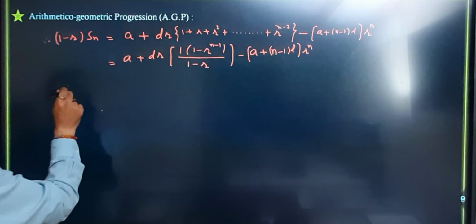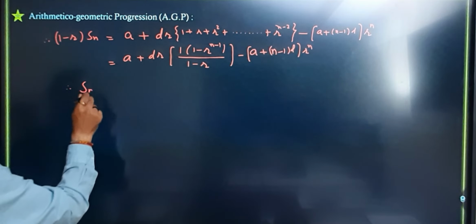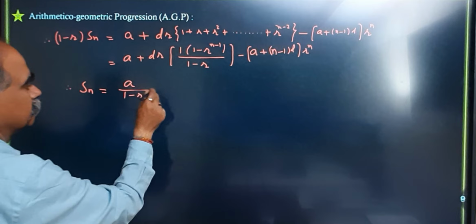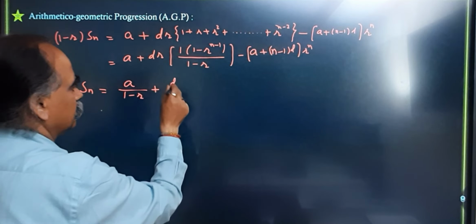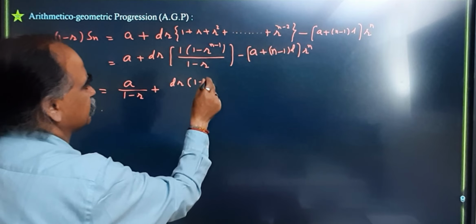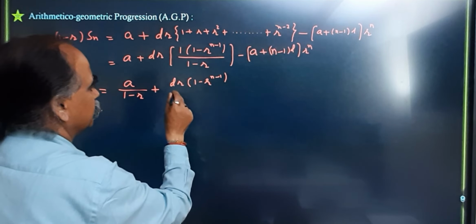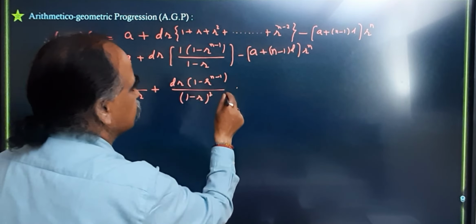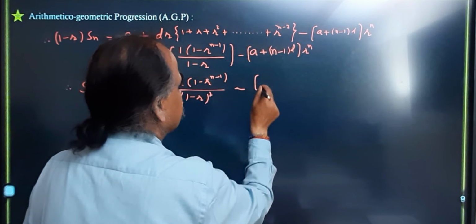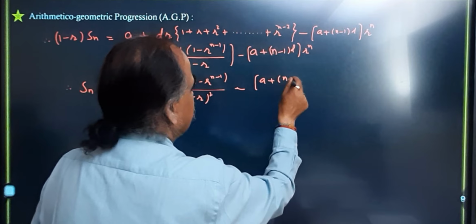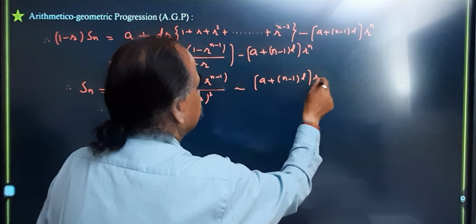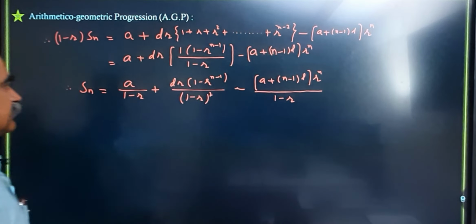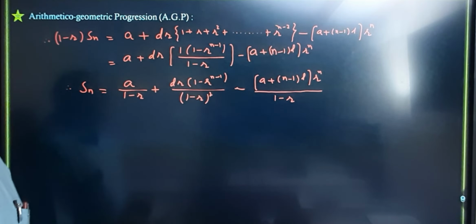So Sn will be A upon 1 minus R, plus DR into 1 minus R raised to n minus 1 divided by 1 minus R square, minus A plus n minus 1 D into R raised to n upon 1 minus R. So this is the sum of first n terms of AGP.